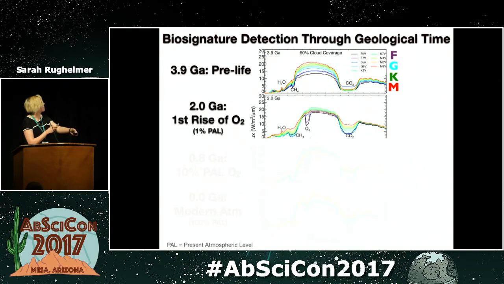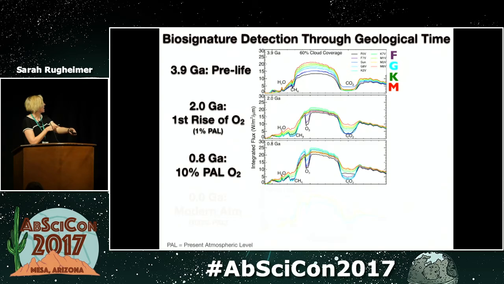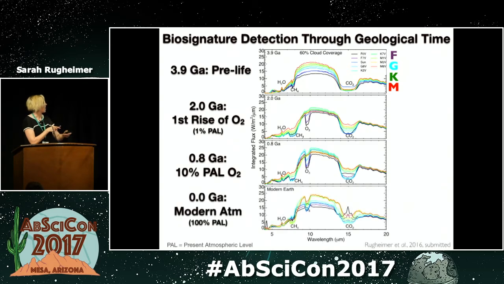And if we go down to the 1% PAL case, the 10% PAL case, and the modern Earth case, we can see that the first combination of biosignatures is going to happen when you can possibly detect ozone in combination with methane in the IR, and you can most easily do this for these hotter spectral types for early levels of oxygen where you're going to get that production rate and be able to see those together.